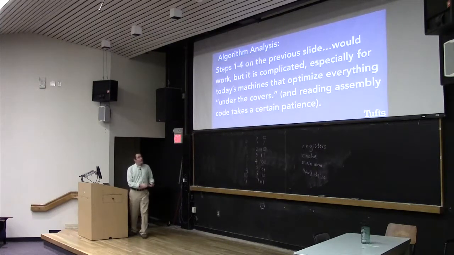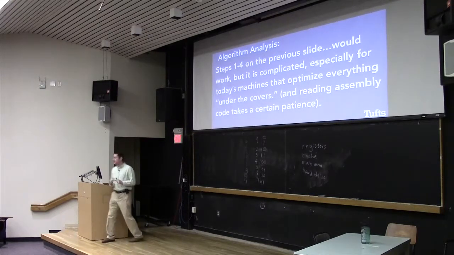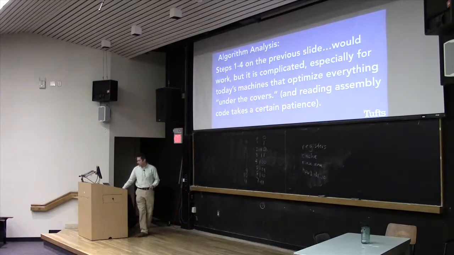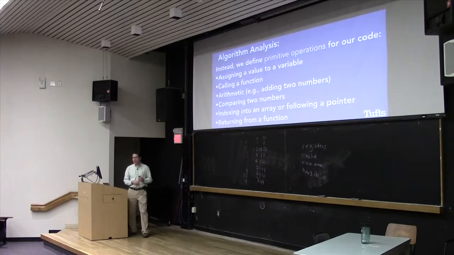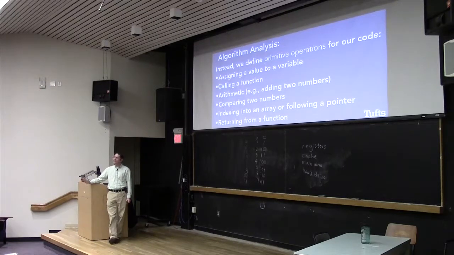Instead, what we already covered is that we're going to define some primitive operations, and if that operation happens, we're going to count that as 1. Kind of like what you're saying up here, you can actually just count it as 1, and we will be able to deal with that.